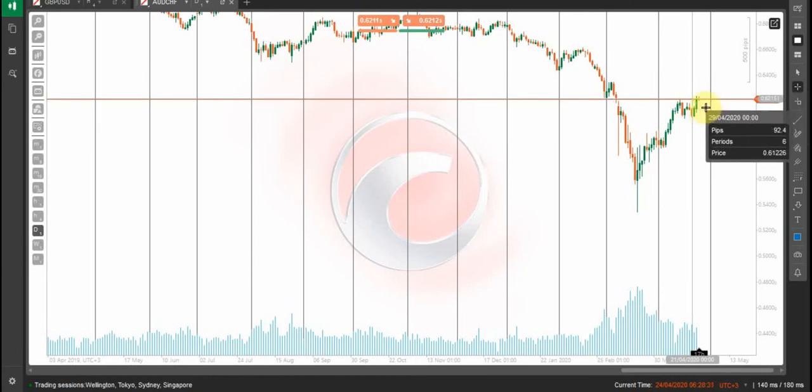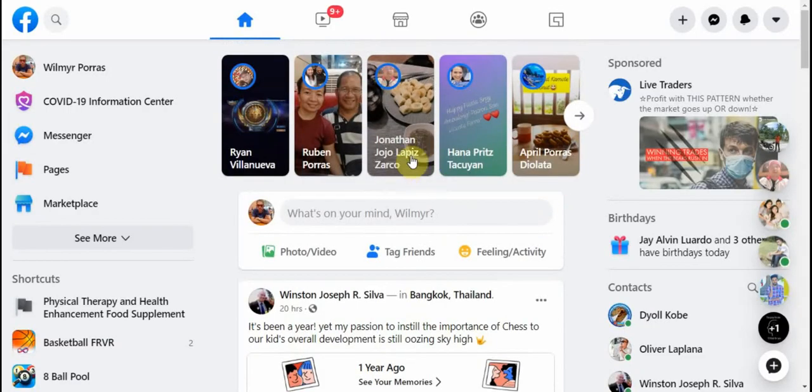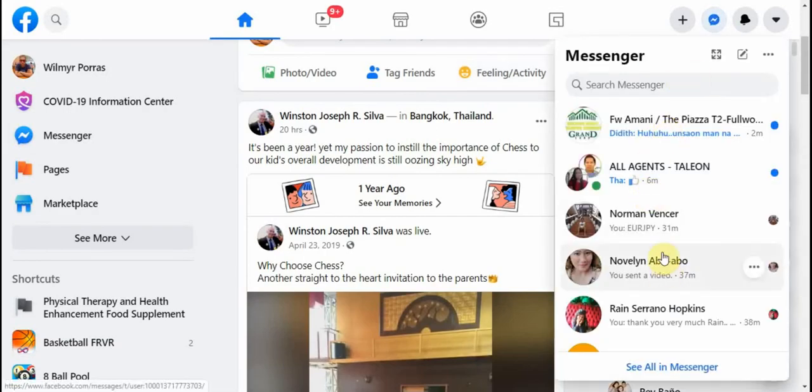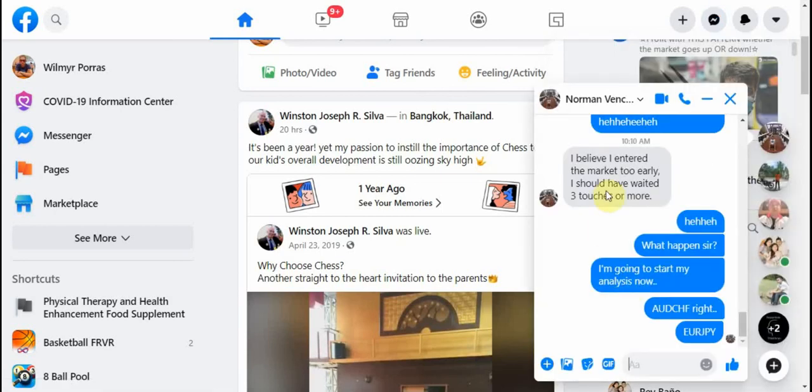So, actually, he entered to buy long. Let me check if he is long. He actually sent a picture. So, I'm going to check if he is long in this pair.